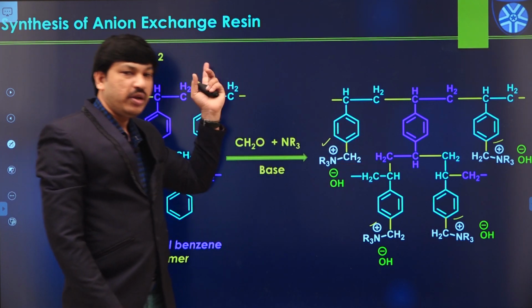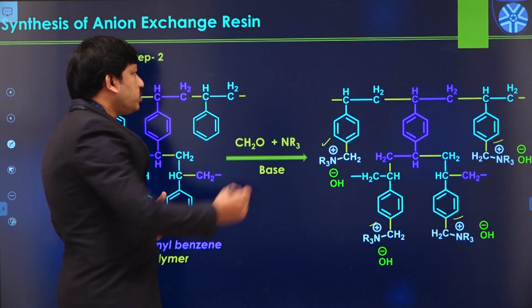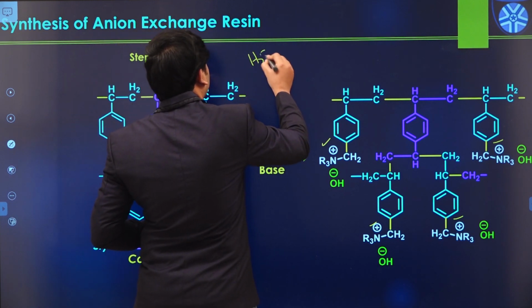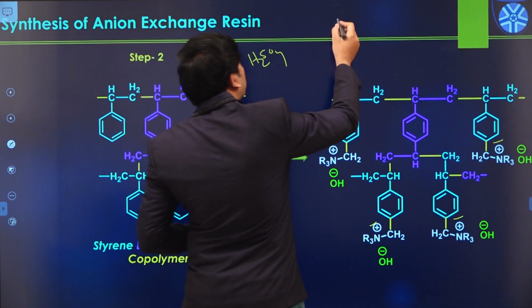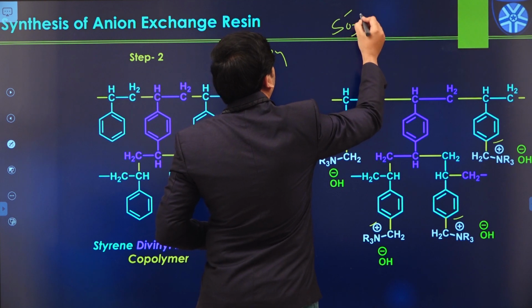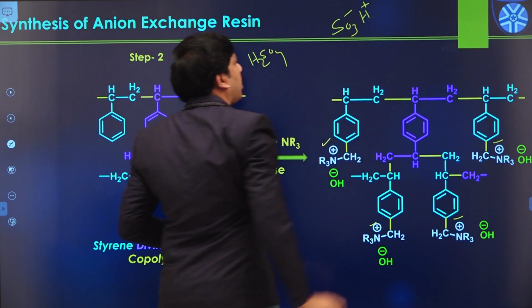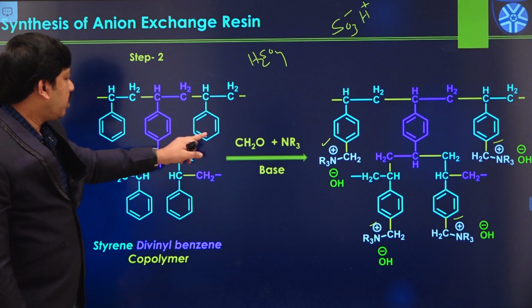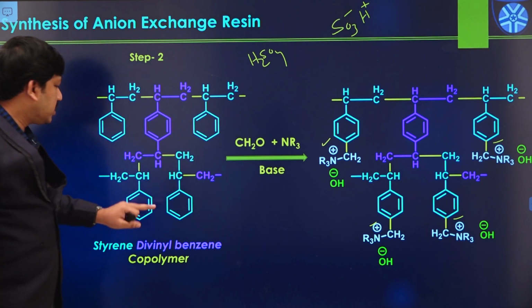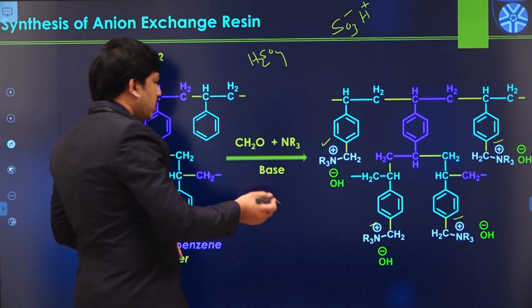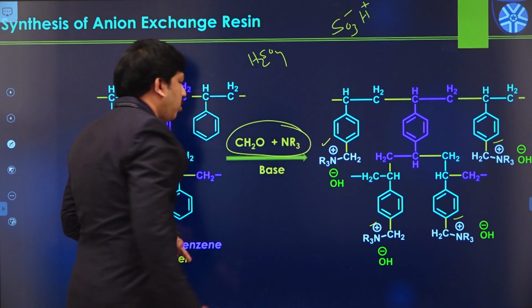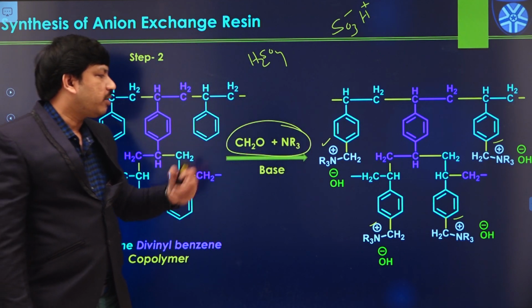In the previous case, because we were using sulfuric acid, at that time there was an SO3 minus and H plus kind of group at all para positions of the styrene molecules. But in this case we are using another reagent, a combination of formaldehyde and trialkylamine in the presence of base.